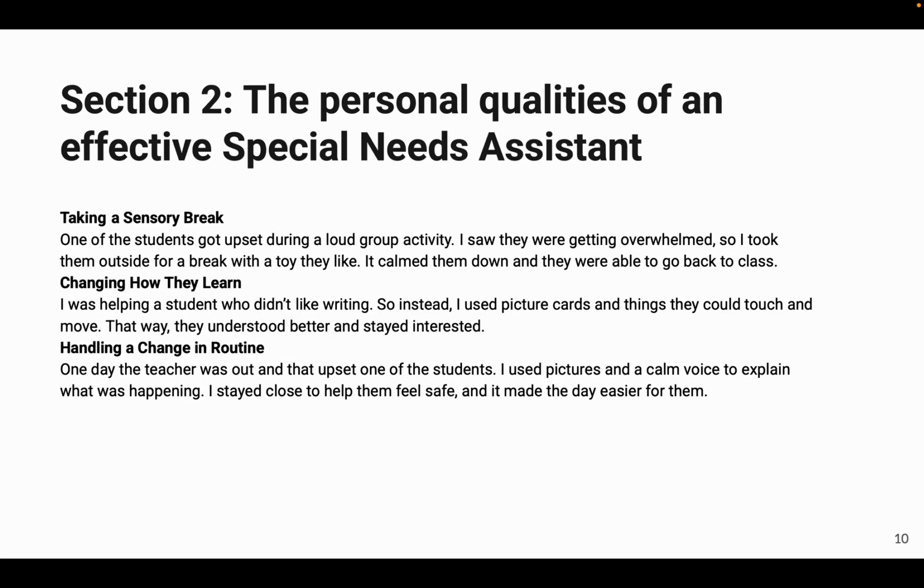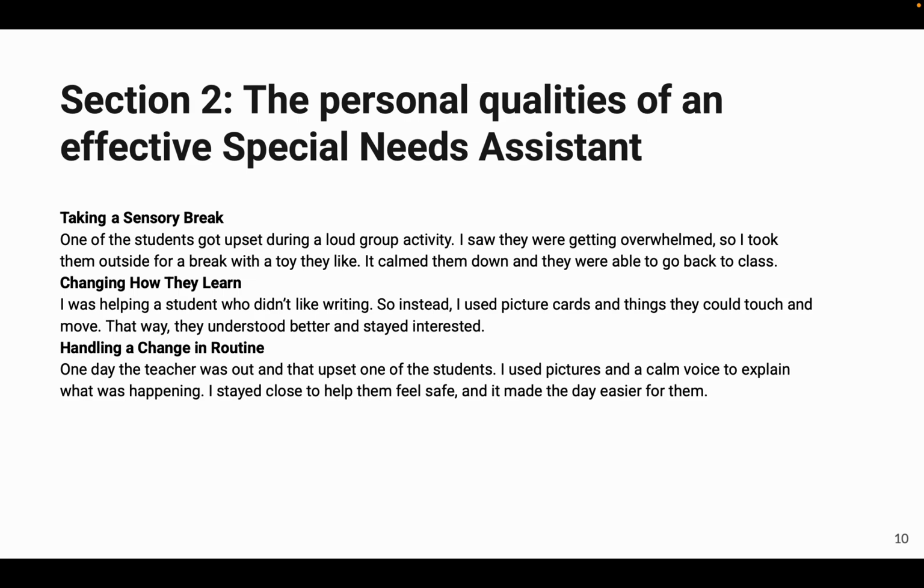Taking a sensory break. One of the students got upset during a loud group activity. I saw they were getting overwhelmed, so I took them outside for a short break with a toy that they would like.